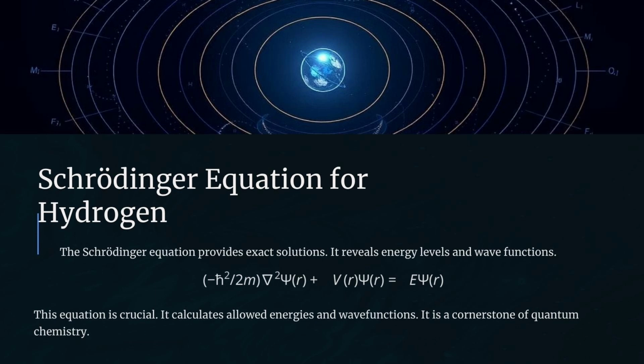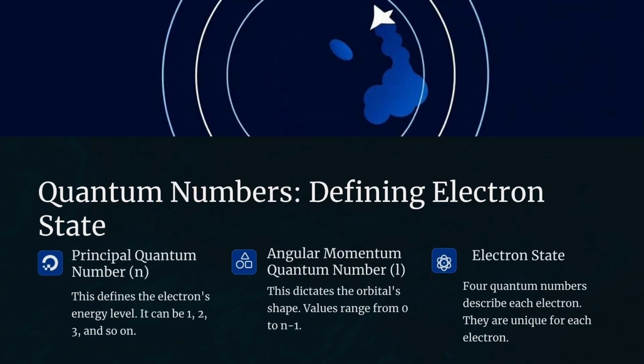This is a significant improvement over the Bohr model. Solving this equation for the hydrogen atom is a fundamental step in quantum chemistry because it provides a foundation for understanding more complex atoms and molecules. The equation's solution gives rise to the shapes of the orbitals we discussed earlier.